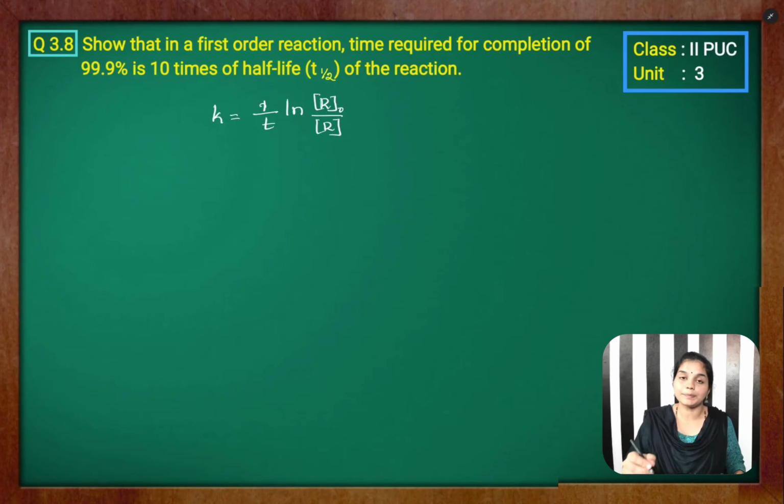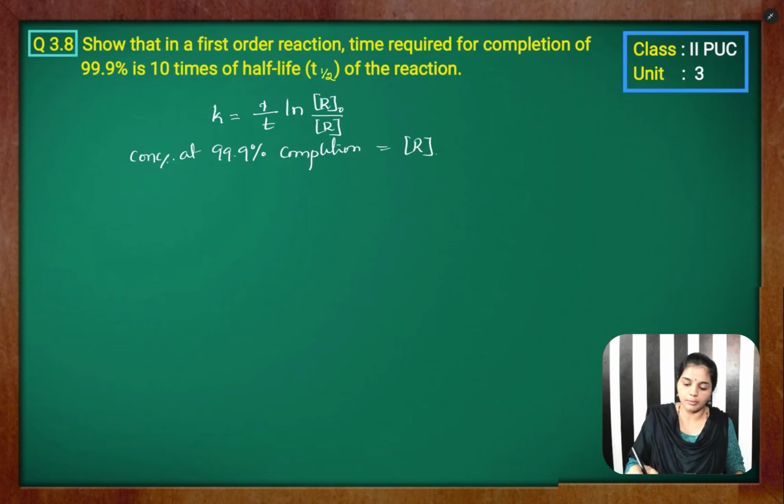For 99.9% completion, the remaining concentration is R naught minus 0.999 R naught. So this much amount of reactant will be left over.